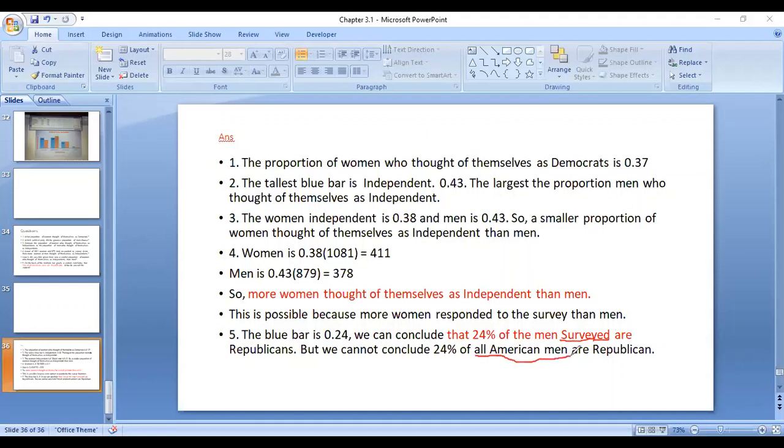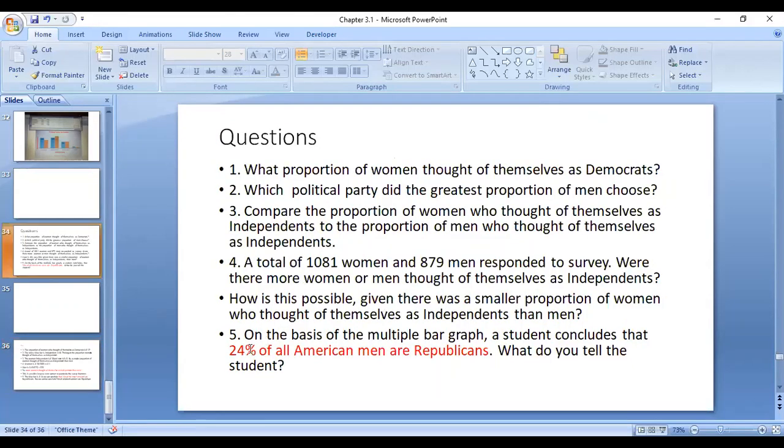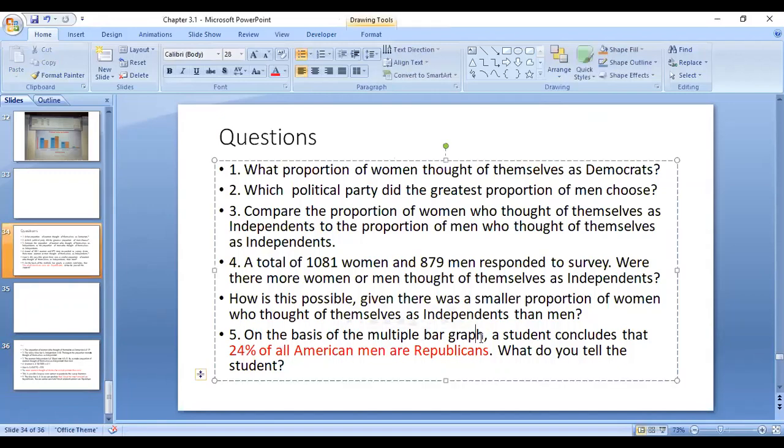That is the difference. Even though 24% is correct, it is 24% of the men in the survey, not 24% of all American men. So the student's conclusion is not correct. Okay.